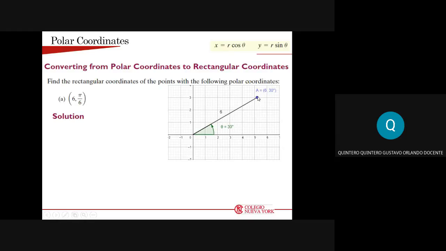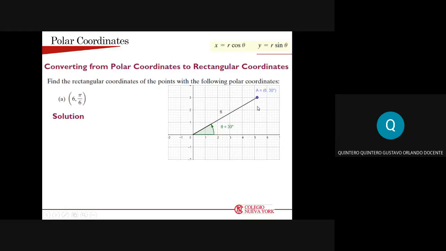So this is the point, right? And just by looking at the point, we can kind of speculate the value of x. Our x variable will be close to 5. Look, 5 point something. Did you see?